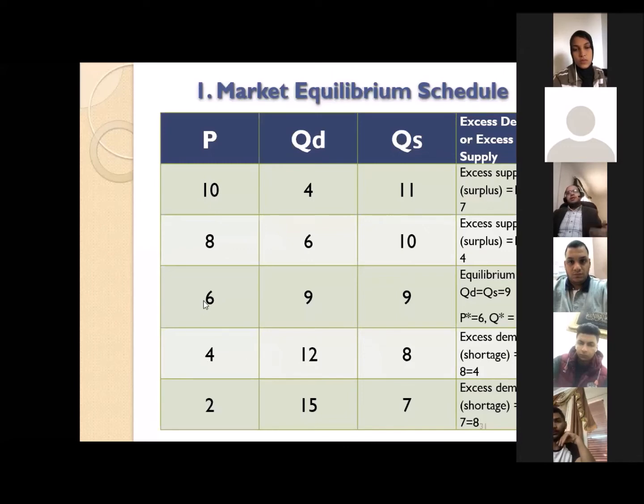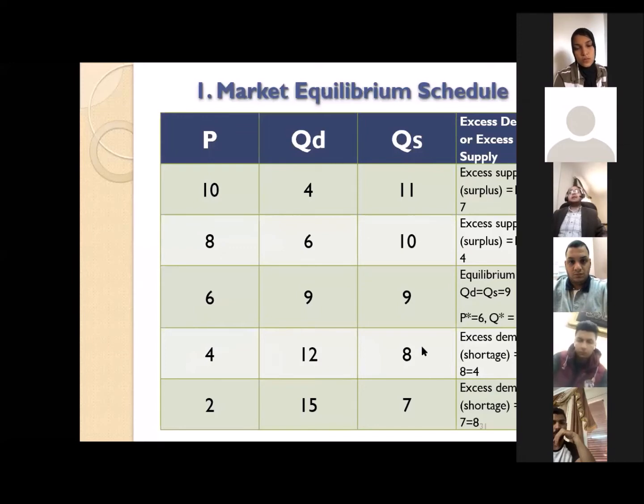If we raise the price from 4 to 6, the quantity demanded will decrease, in this case, from 12 to 9. Why decrease? Because there is an inverse relation between quantity demanded and price.